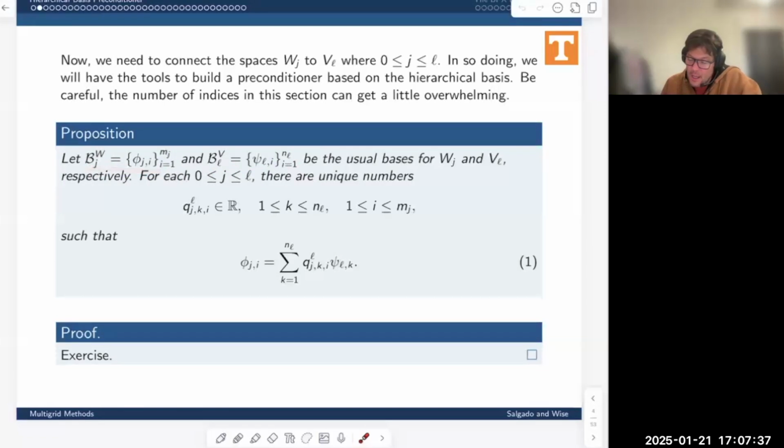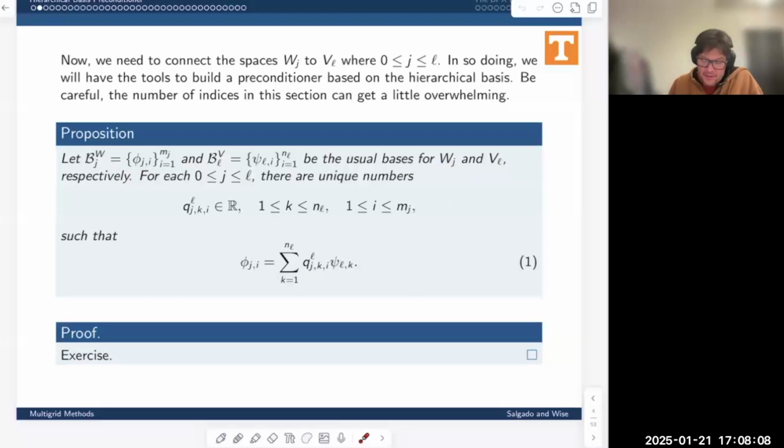In any case, they're bases for the spaces W_j and V_l respectively. Now W_j is a vector subspace of V_l because of the containment that we have and the fact that we have this nested finite element grid structure. W_j is always a vector subspace of V_l.